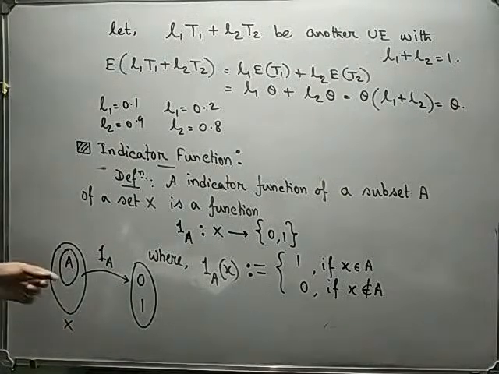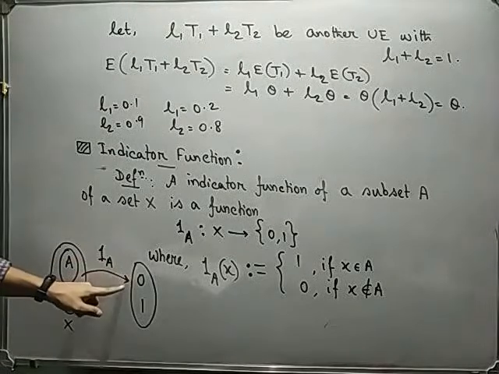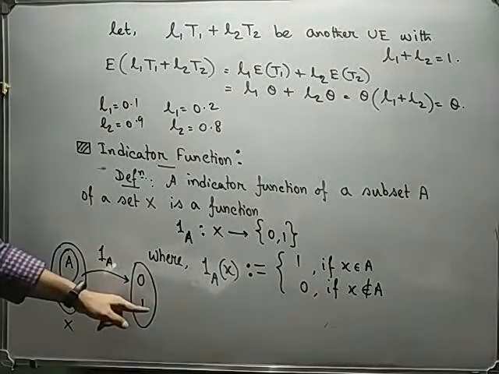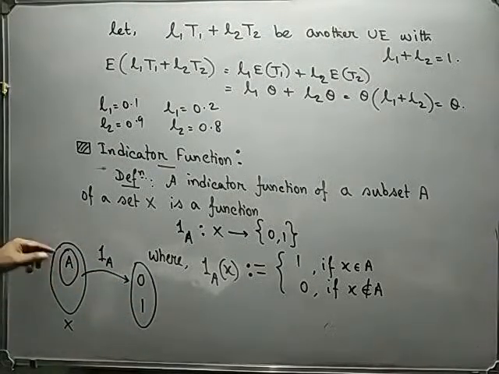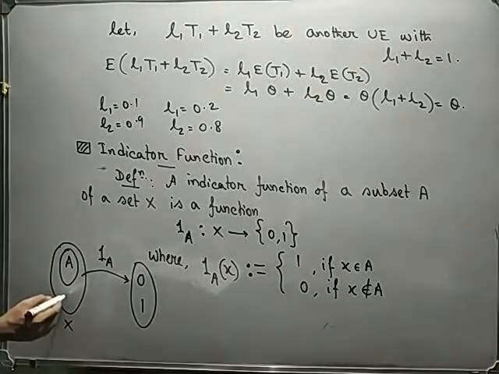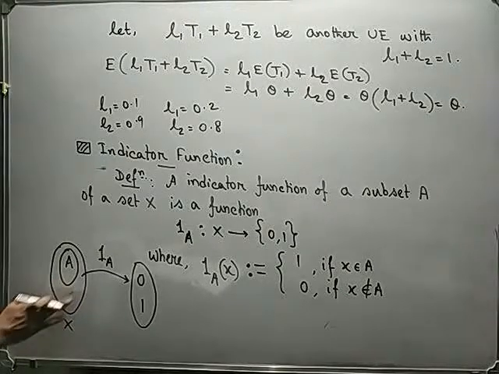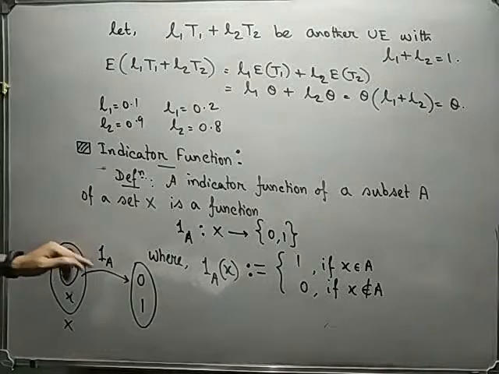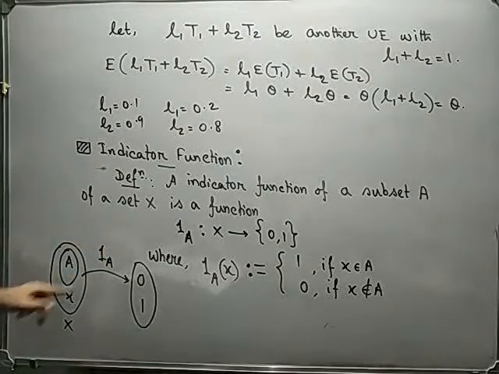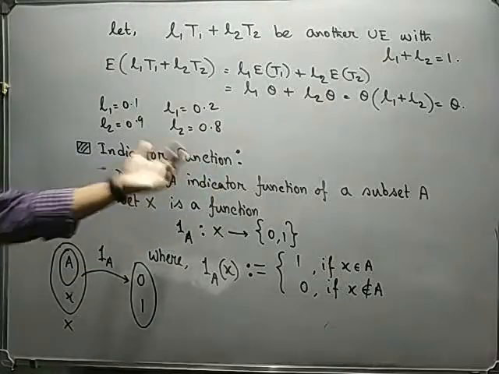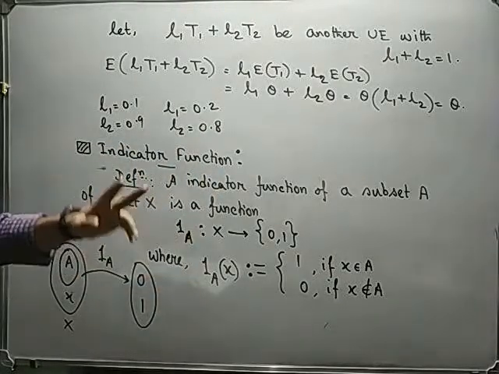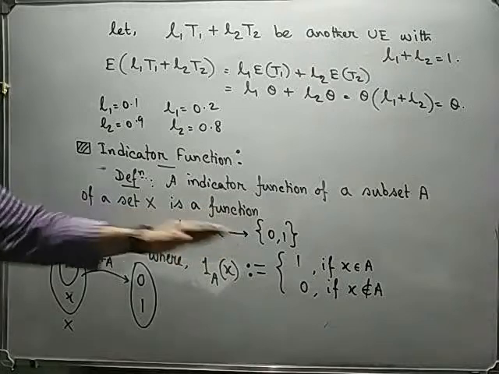If we choose any member from capital A, it will be mapped to 1, and if we choose any member other than capital A, from these parts, then after applying 1A we get the value 0. This is the idea of the indicator function. An indicator function always takes two values, 1 and 0.